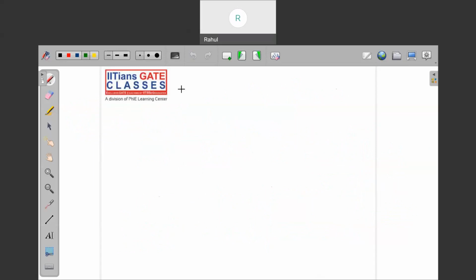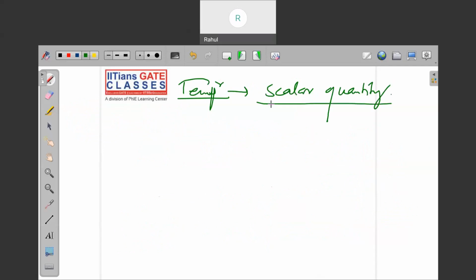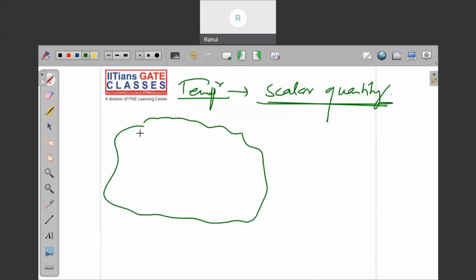As we know, temperature is a scalar quantity. Suppose we are moving on the ground, and this is the earth.